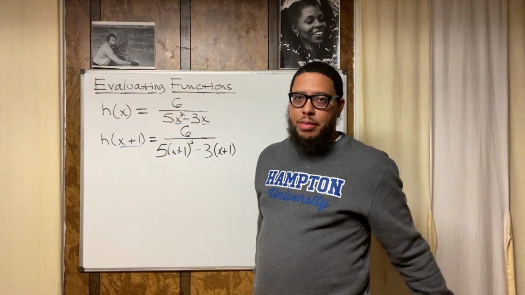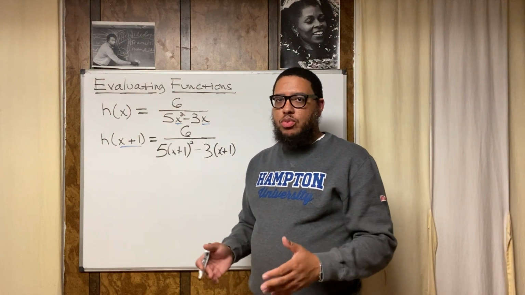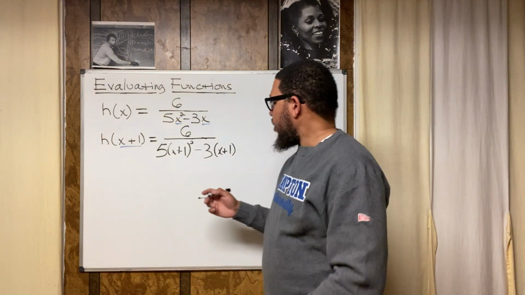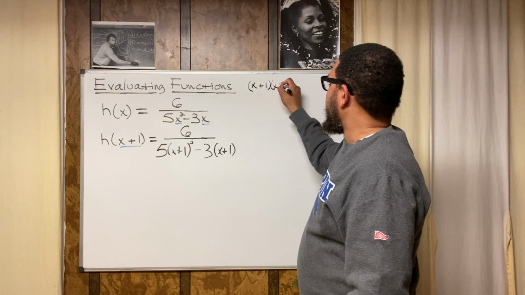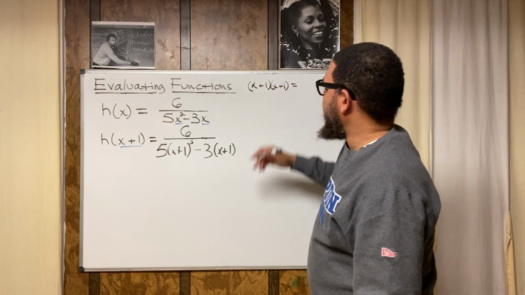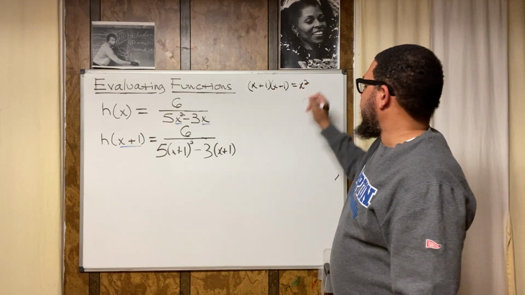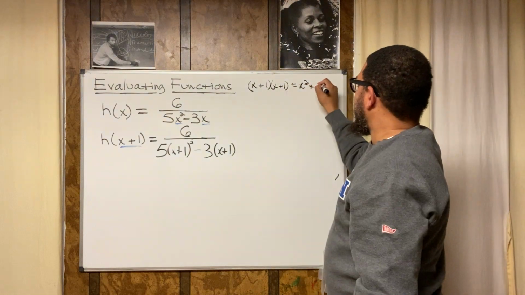So think about the FOIL method that you might have learned in an Algebra 1 or Algebra 2 class. X plus 1 times x plus 1. The F stands for the first terms, x times x. That's x squared. The O stands for the outer terms, the x and the 1, so that's plus x.